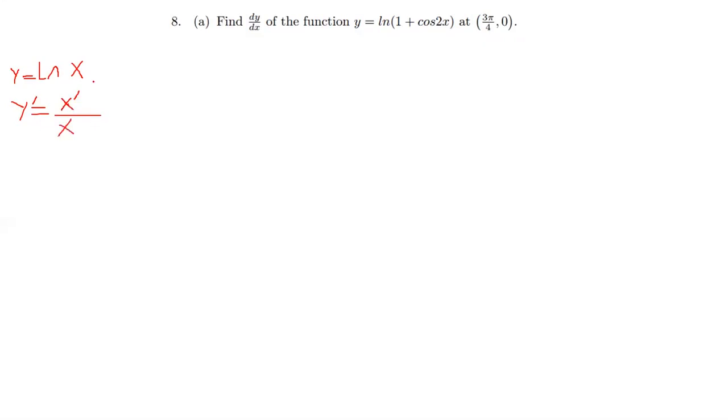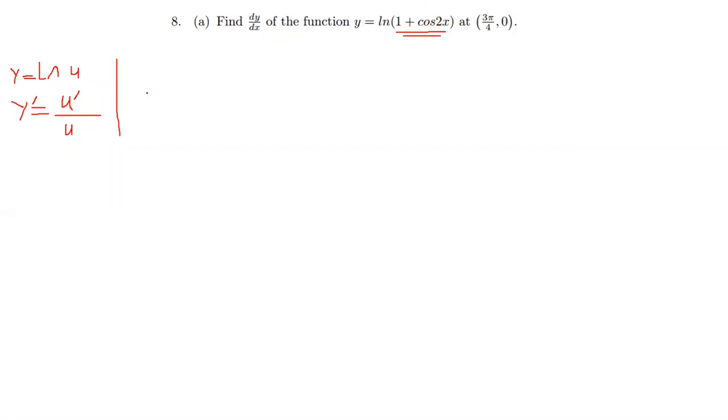Previously I've been using u; it's just the same, and I know some people can get confused, so let me continue using u. When you have a function equal to ln u, you just differentiate u and divide by the original function u. The same applies to this question. We differentiate this part, which is our u, and then divide by the same function, 1 plus cos 2x.